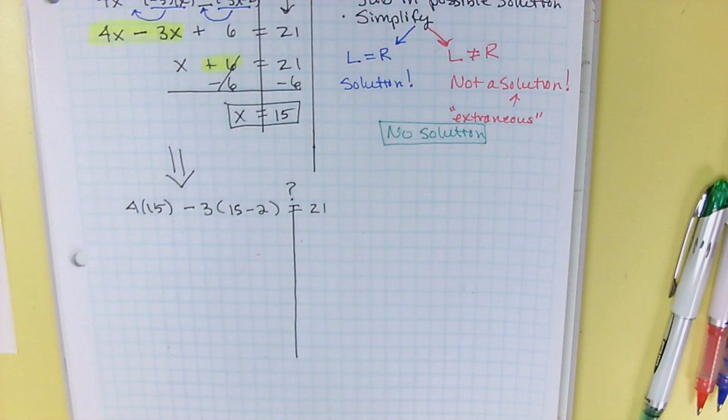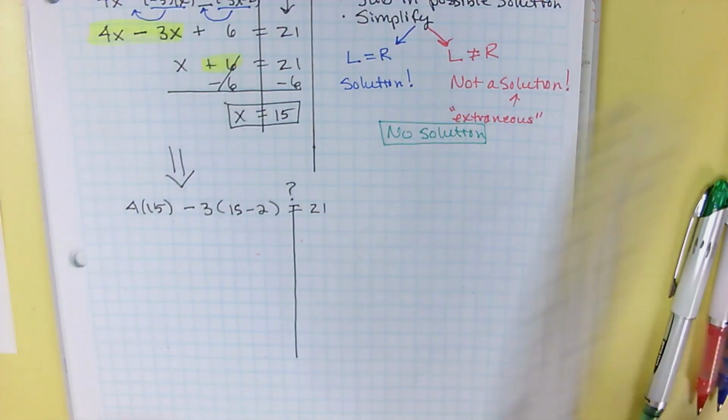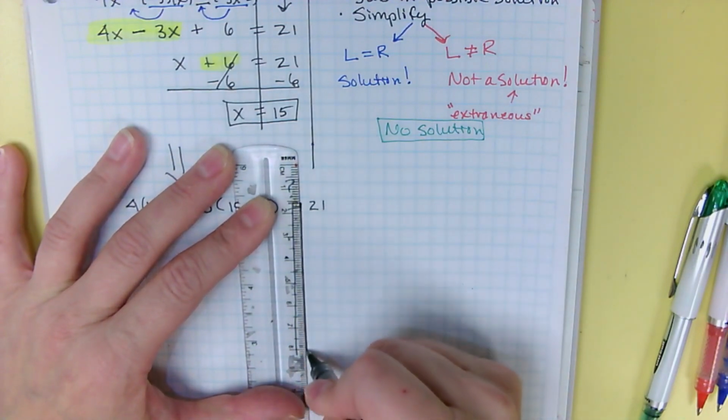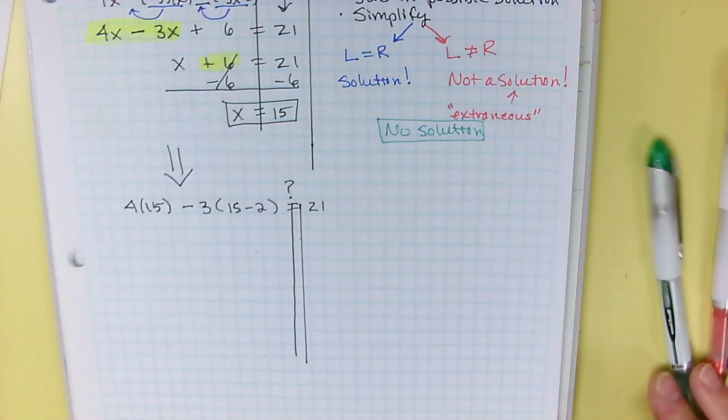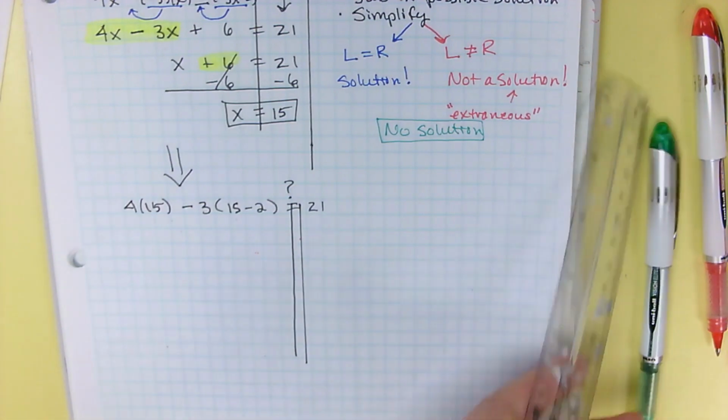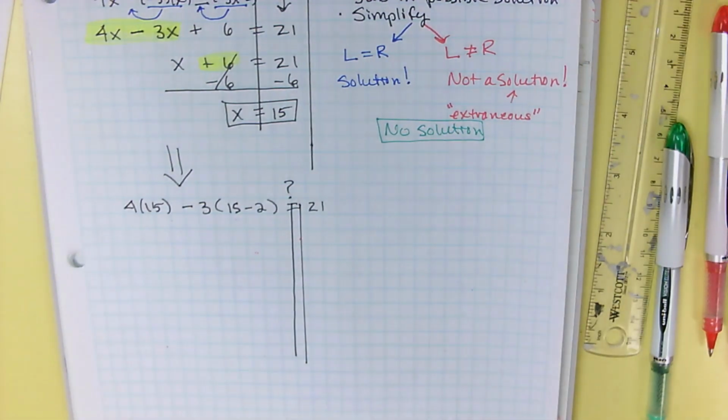Now, when we're checking instead of solving, it's kind of a nice visual if you put double lines, because when you drive, what do double yellow lines mean? No passing? Do not pass. When you are checking solutions, you are not going to move terms left or right. You are just going to simplify straight down with no interaction of the left and the right sides. They stay completely separate like double yellow lines.